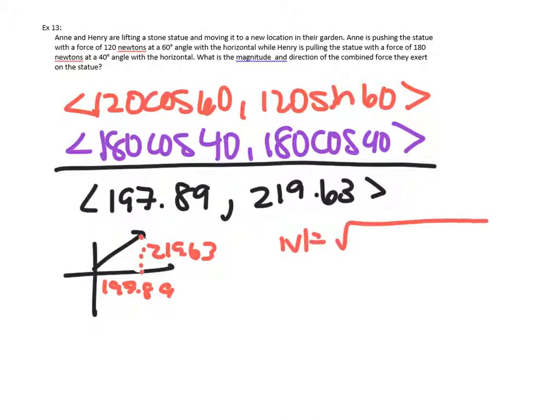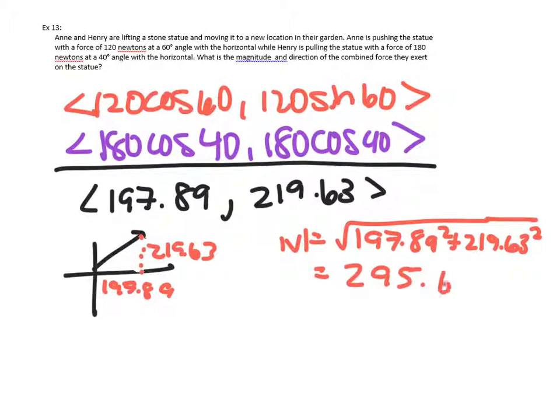So if I want to find my magnitude, I'm going to do square root of 197.89 squared plus 219.63 squared. And when I do that, you should get 295.63 newtons for the force.